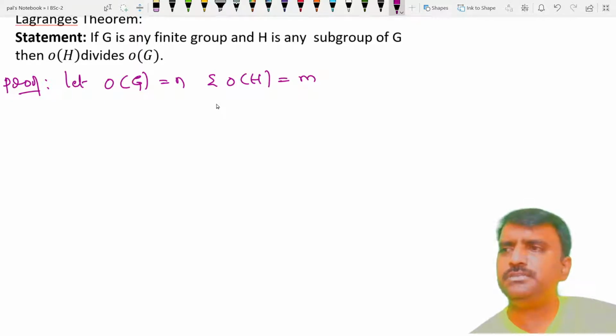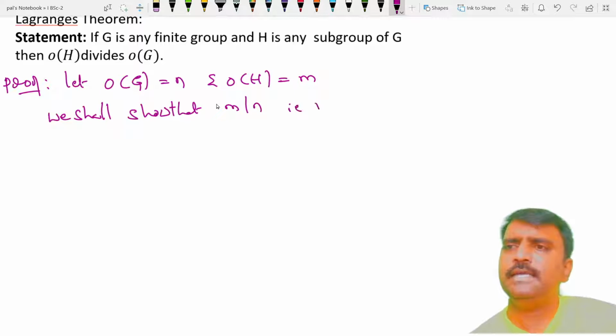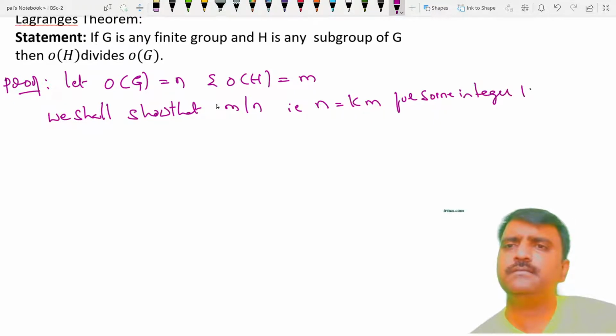We shall show that m divides n. That is, n is a multiple of m. That is, n is equal to k into m for some integer k.